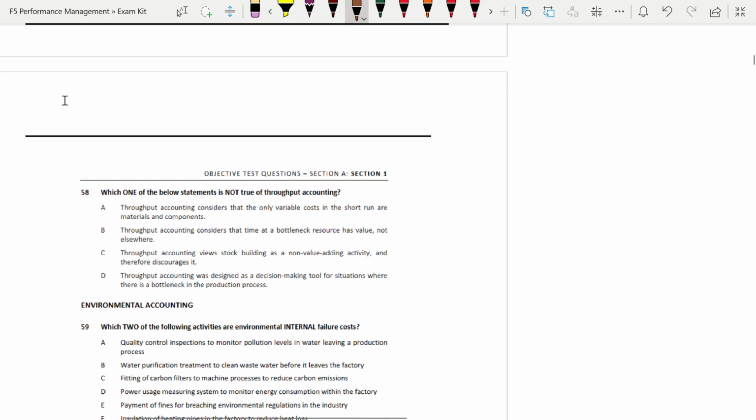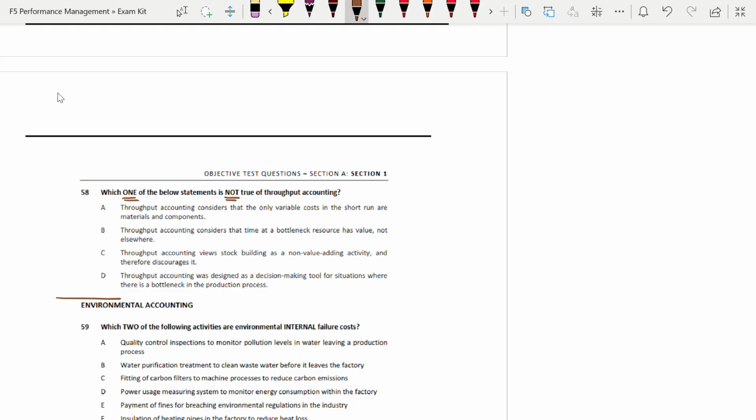Now, what is the next thing? Which one of the below is not true? Throughput accounting. Tell me. The first one is true.